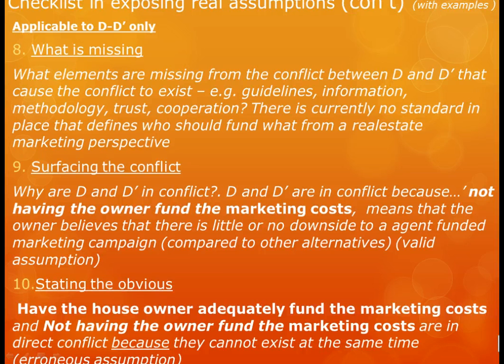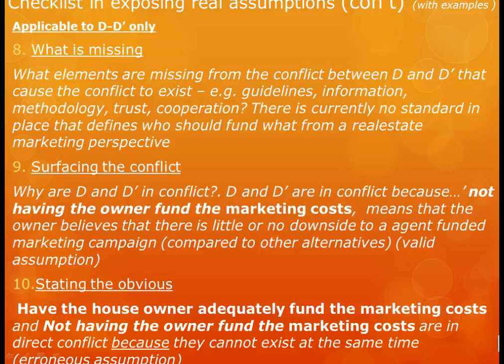The reason why the owner would take the view that the agent must pay the marketing costs is because he believes that by enforcing that onto an agent, there's no downside associated with that, or the cost of doing so is less than the benefits gained from taking that approach. So this assumption, that the owner believes there is little or no downside to an agent-funded marketing campaign, is an example of a valid assumption where it's seeking to surface the conflict.